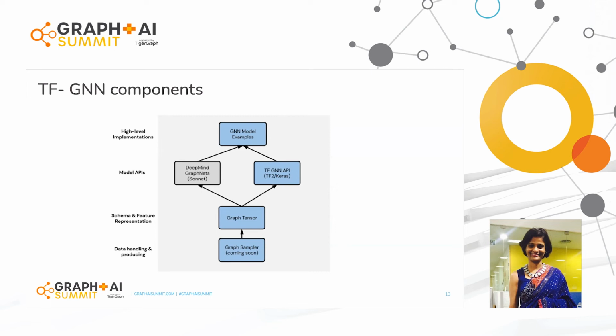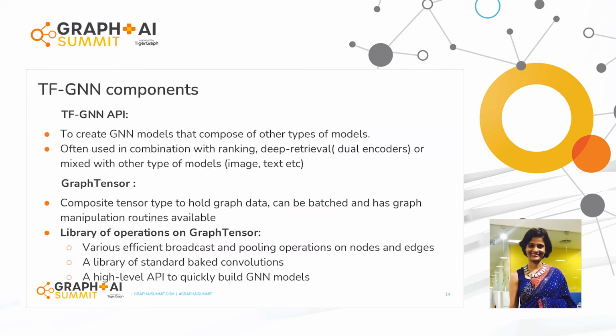And there are plenty of examples for both of these model APIs for users to quickly create GNN prototypes. So the TF-GNN API can be used in conjunction with other types of models like ranking, deep retrieval, and different kinds of neural networks for images and text as well.